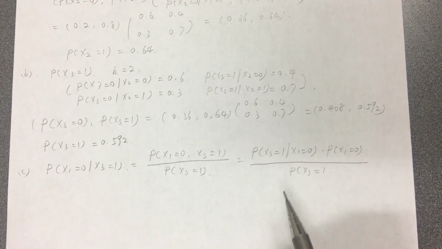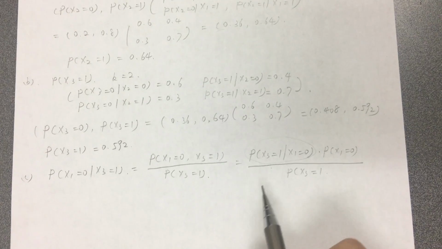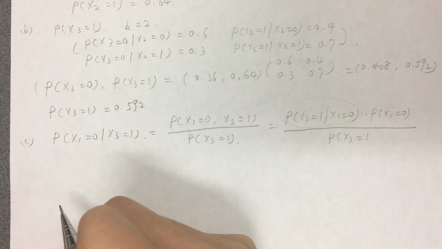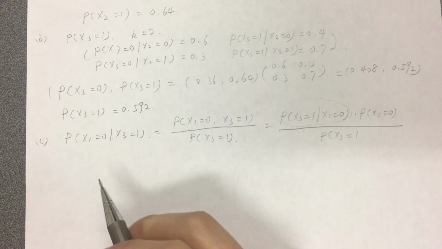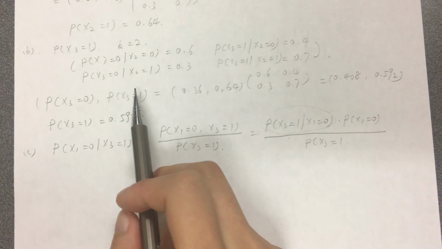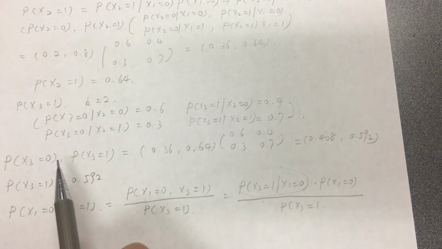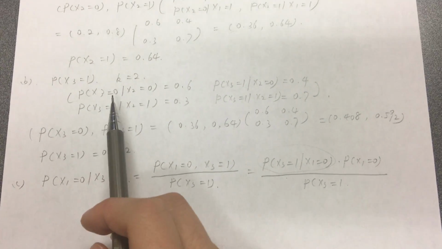Then we need to get P(x3 equals 1 given x1 equals 0). We already know the matrix of probability related to x2 and x1, and the matrix of probability related to x2 and x3.